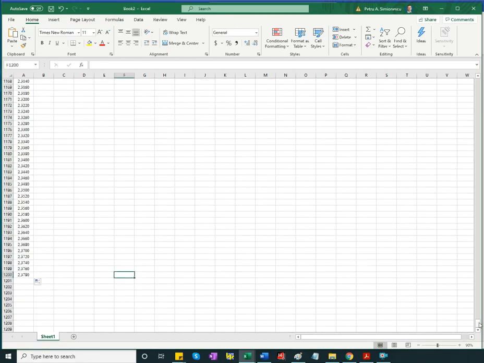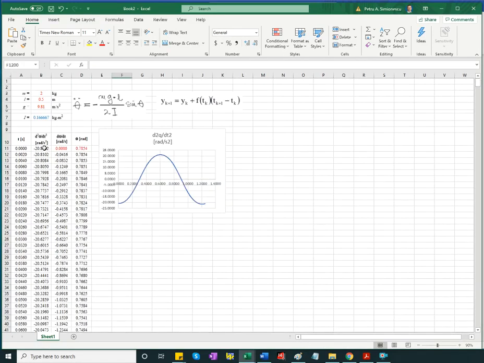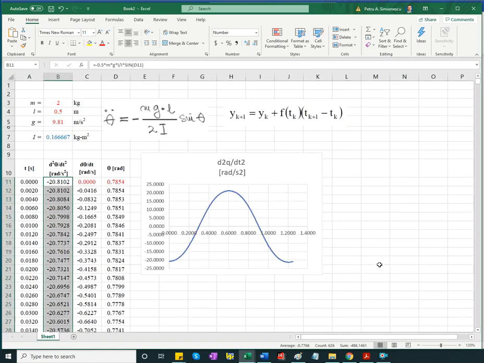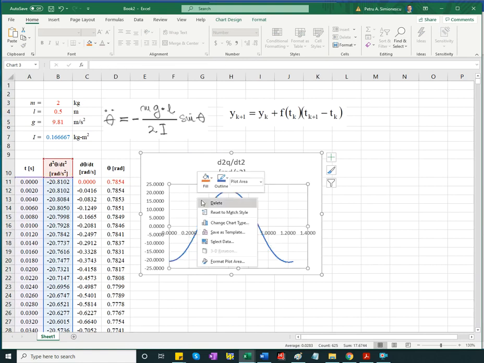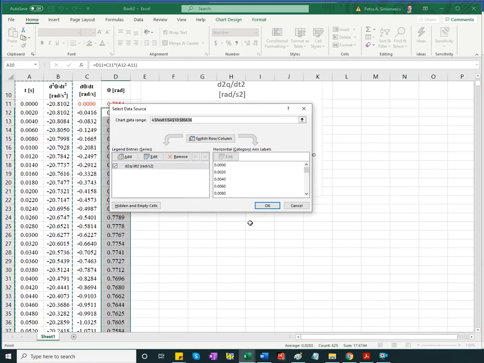Okay, and then no, that's not what I wanted to do. I wanted to zoom out, and then this one all the way down, and this one all the way down, and let's see, format, select data, and instead of 6 whatever, I put 1,200.